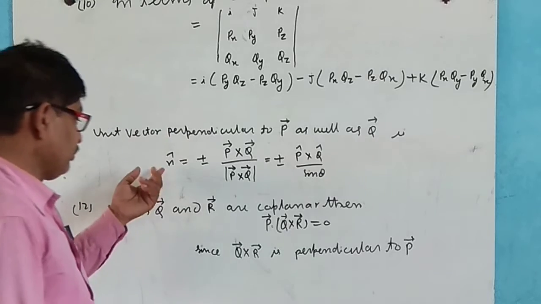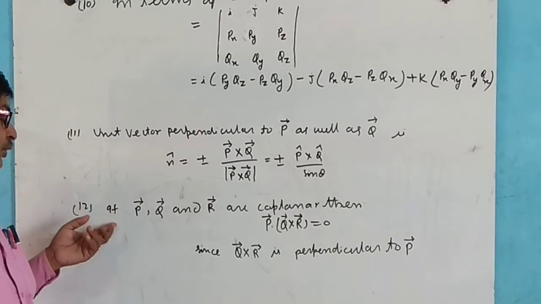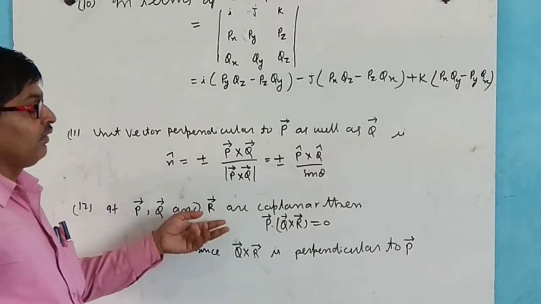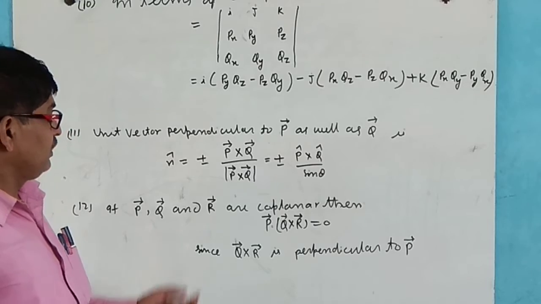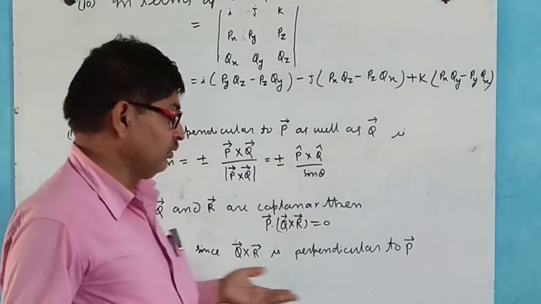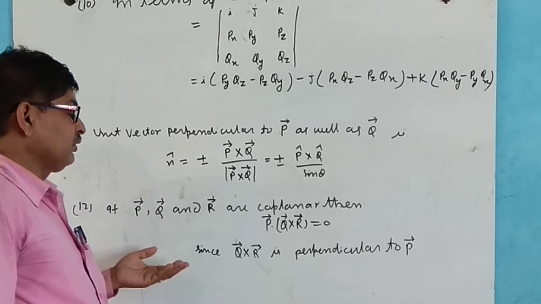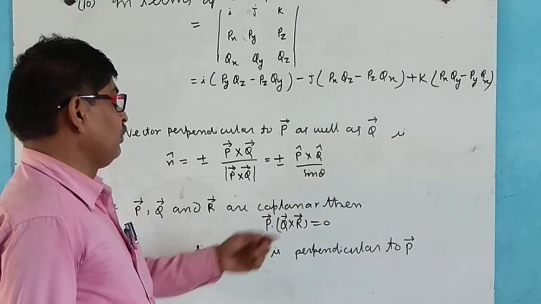If P, Q and R are coplanar, meaning they lie in the same plane, then P dot Q cross R equals 0.